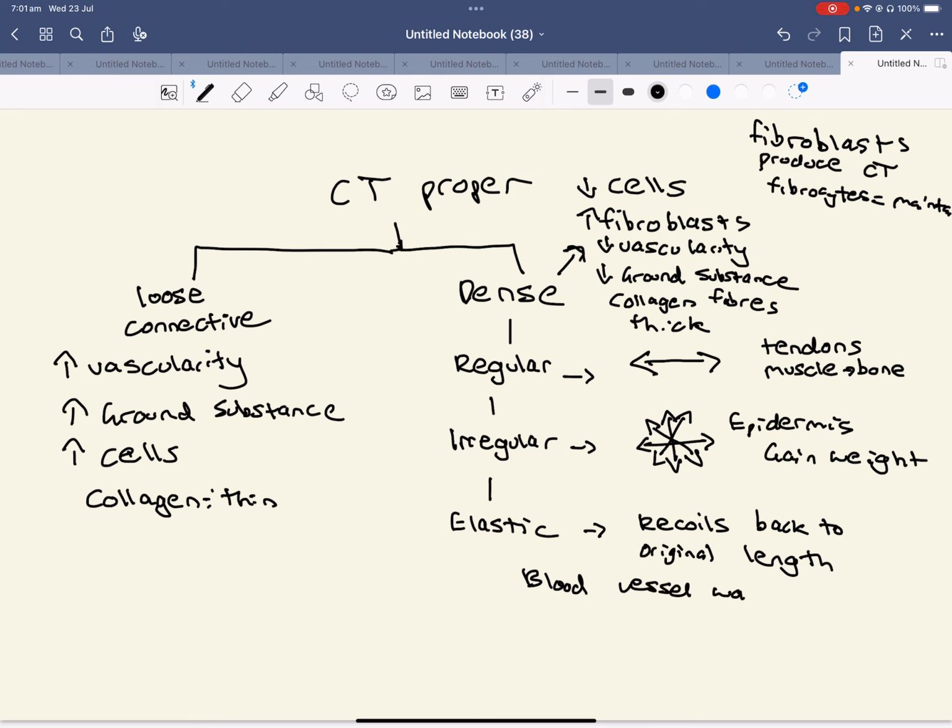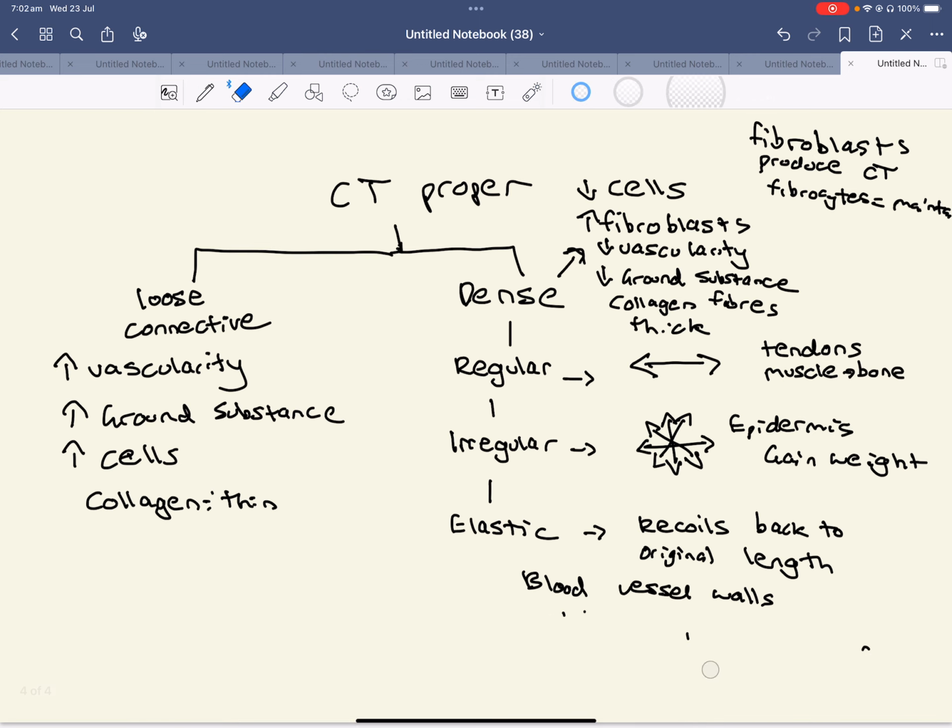Blood vessel walls need to constrict and dilate to control heat and blood flow, right? And other things. But for it to be able to constrict and dilate rapidly, it needs to be able to recoil back to original length. It needs that elasticity to be stretched and go back to its original form. It's constricting and dilating.